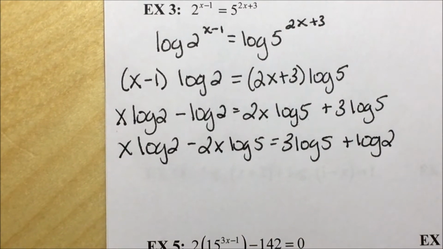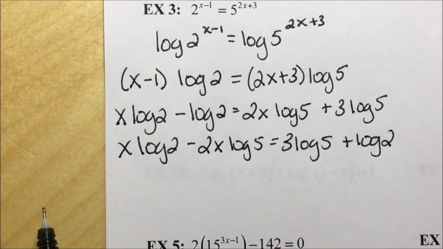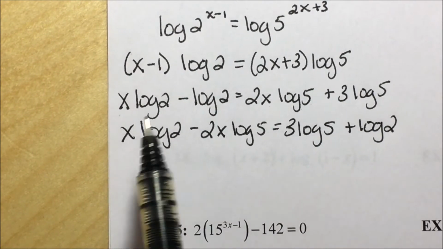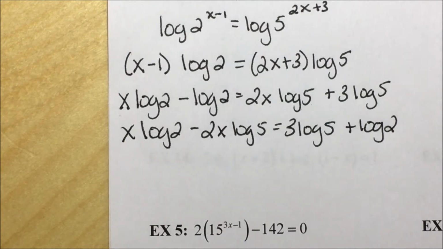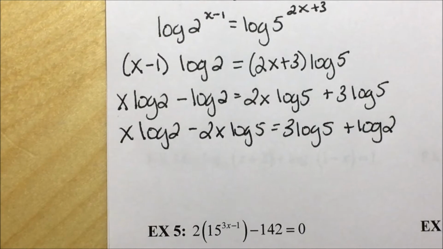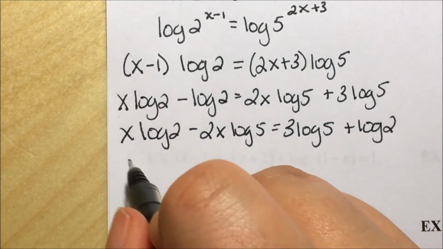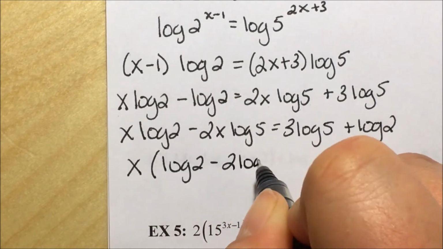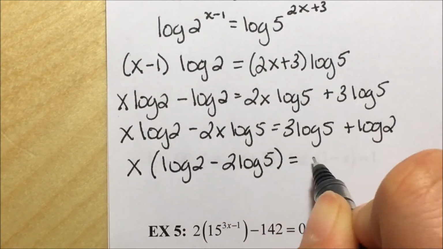All right, so now the x's are on one side, but they still have coefficients attached to them. So if you notice, both of these terms have an x. We can factor the x out, and that basically gathers all the x's into a single occurrence of x. It also leaves behind a coefficient that's a constant.